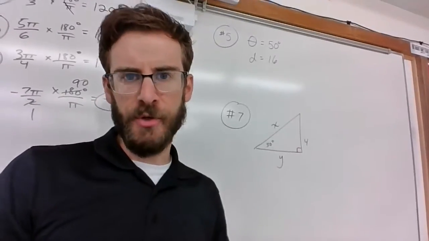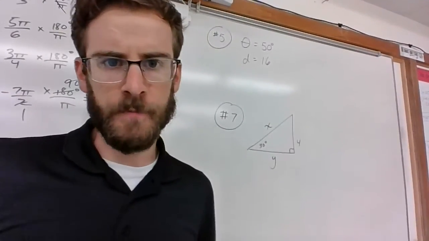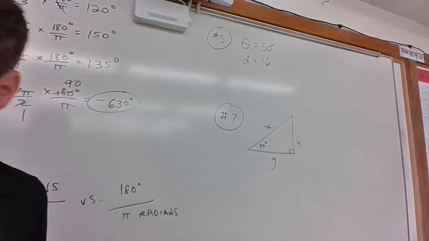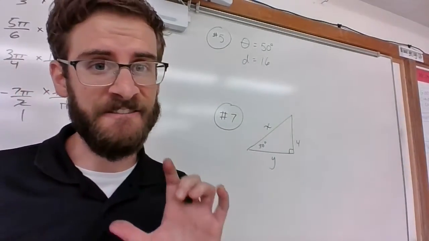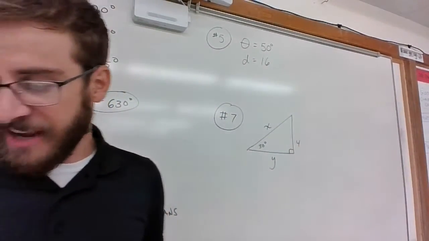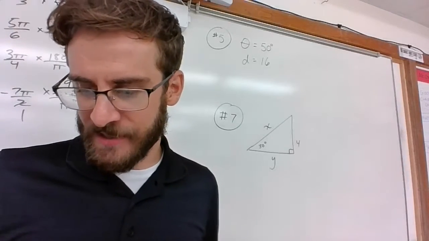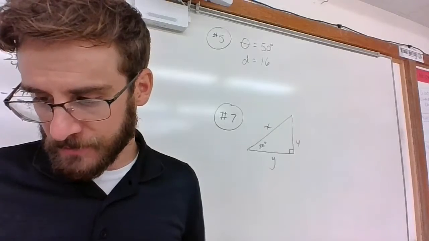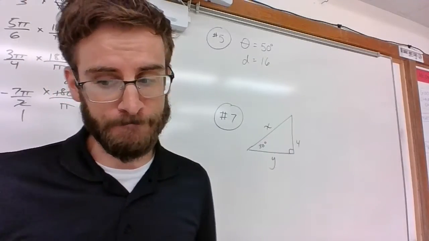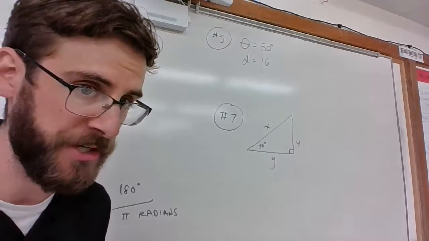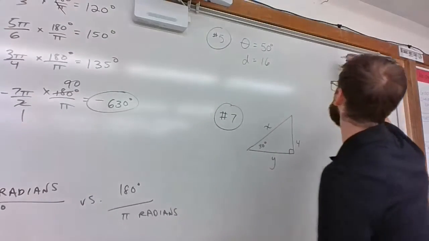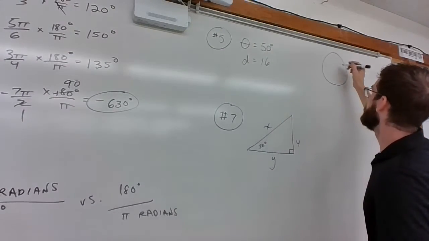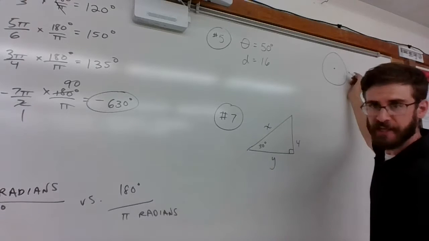I'm going to teach you something new, kind of weird directions. Number 5, check it out. Find the length of the arc that subtends a central angle theta on a circle of diameter d. So let's just draw out the situation. So here's a central angle.